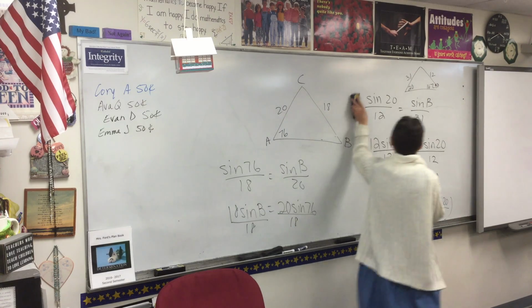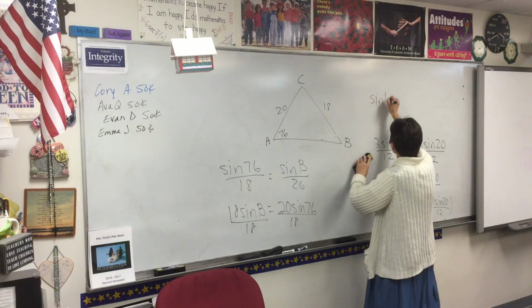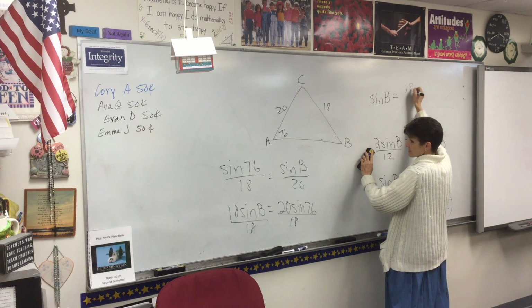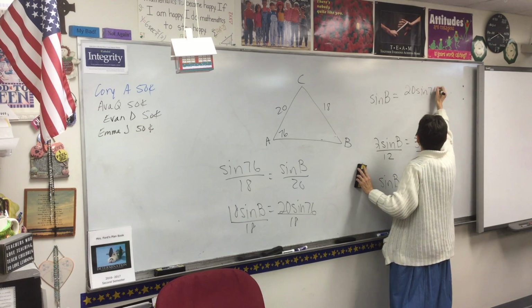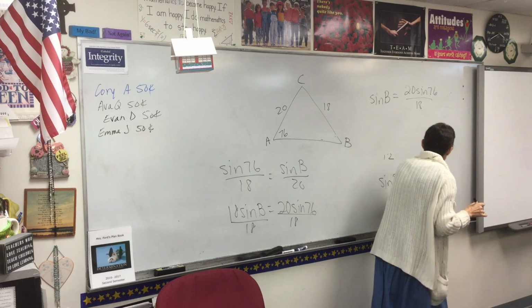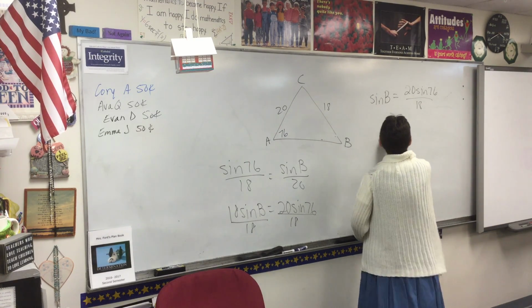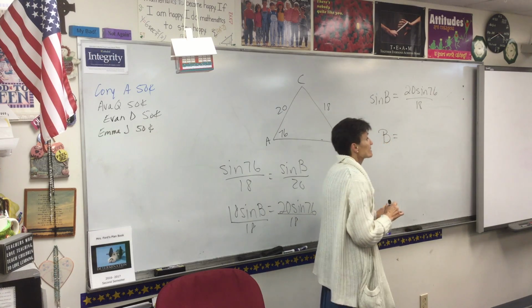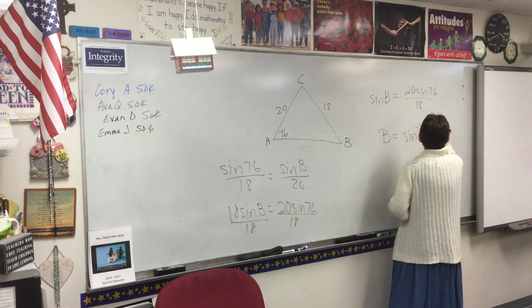So you now have an equation that says sine B equals 20 sine 76 over 18. Now, how do I type this into my calculator? Because I need to know angle B. Second sine, this big fraction.